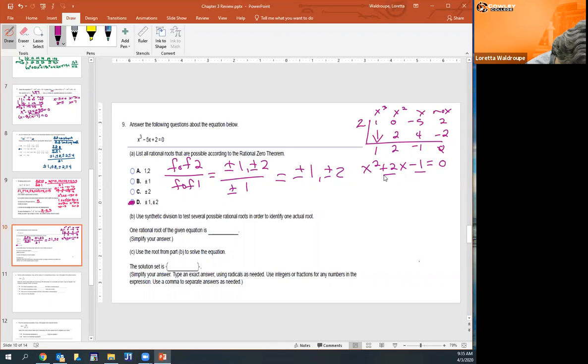And the quadratic formula says x equals negative b plus or minus the square root of b squared minus 4ac all over 2a. And that's a bad q, so let's rewrite that.